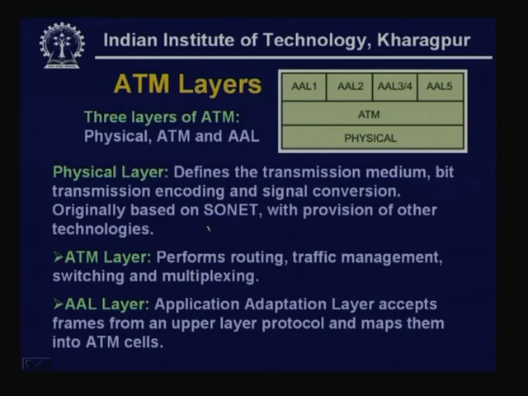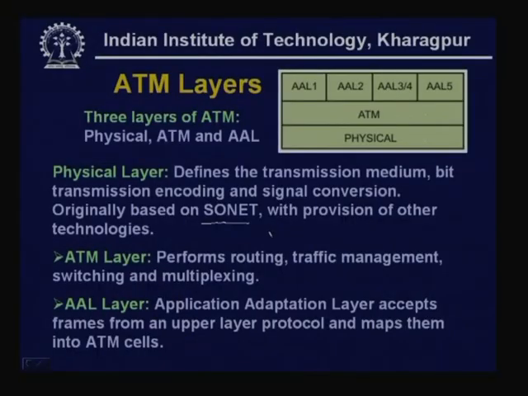This was originally based on SONET. That means we have already discussed the synchronous optical network. ATM was based on SONET, and as we know, in case of ATM the lowest rate is 155.52 megabits per second. This is the minimum bit rate, and it has higher rates.